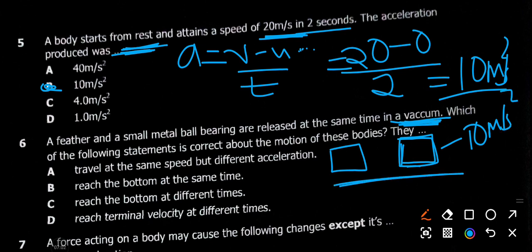So in this case, when we release a feather and a small metal ball, they should fall at the same time. Okay, so this is corresponding to option B.